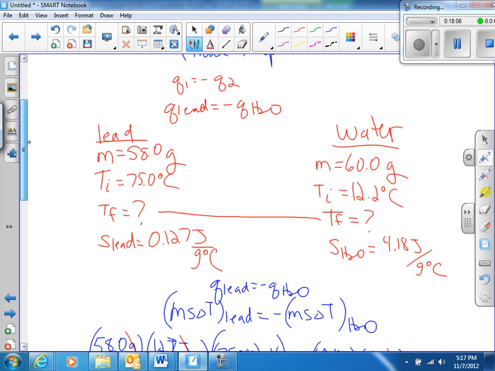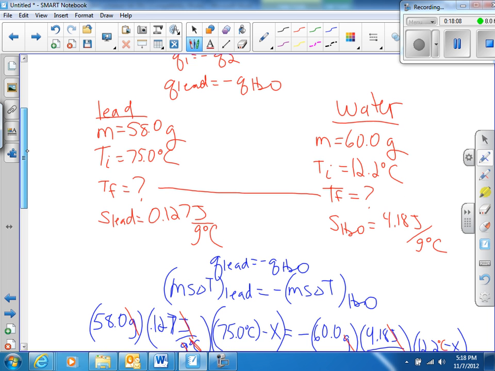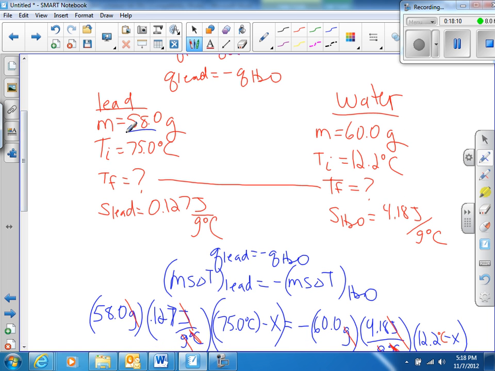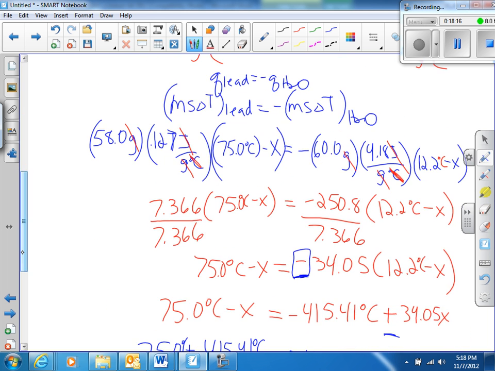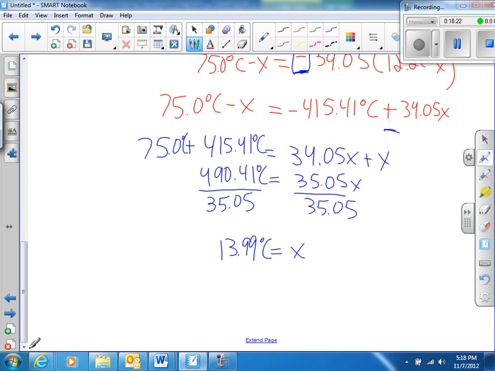At most I could keep 3 sig figs, because I'm seeing I've got 3 sig figs in my numbers, but I was also dealing with some addition, subtraction, so let's just check. I've got tenths place, so I can keep my answer up to the tenths place. So this becomes 14.0 degrees Celsius, which happens to be 3 sig figs. That's my T final. And that's it for today.